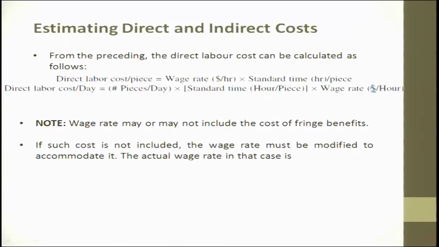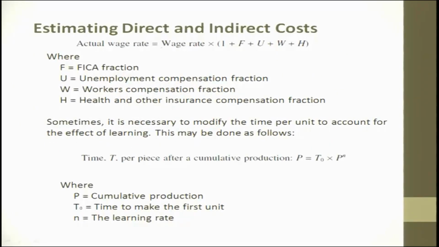In that case, the actual wage rate is nothing but wage rate into 1 plus F plus U plus W plus H. F is the FICA fraction, U is the unemployment compensation fraction, W is the workers' compensation fraction, and H is the health and other insurance compensation fraction. So, all these things put together, we get 1 plus F, U, W and H, we multiply with the wage rate, and what we get is the actual wage rate.